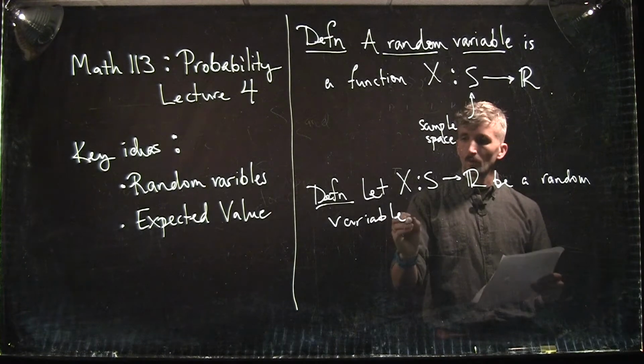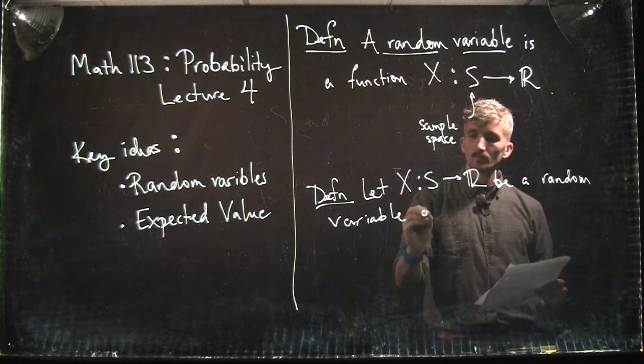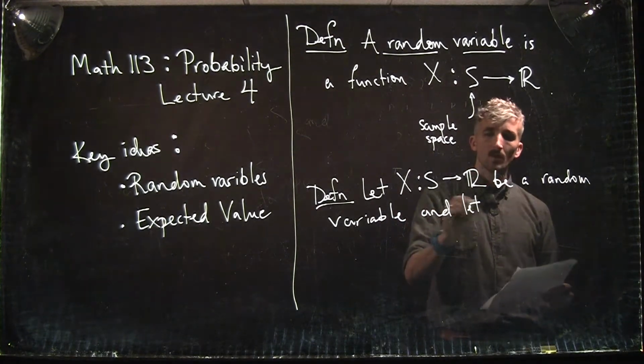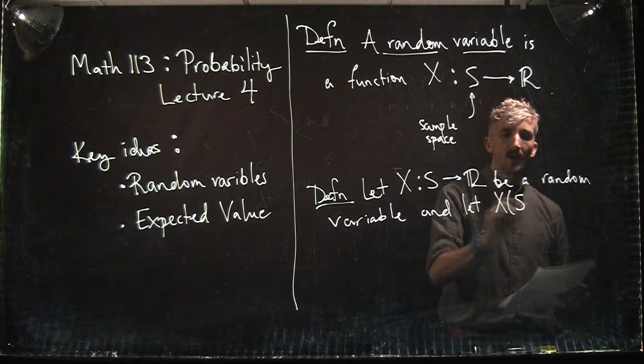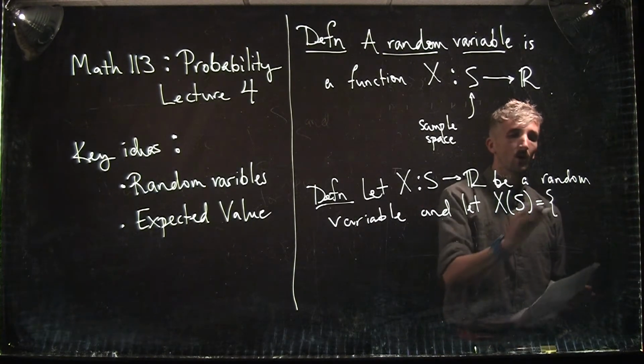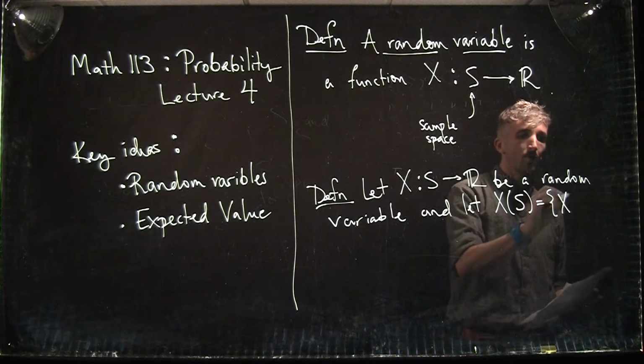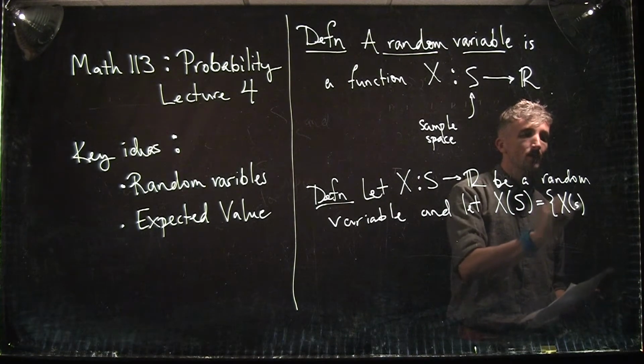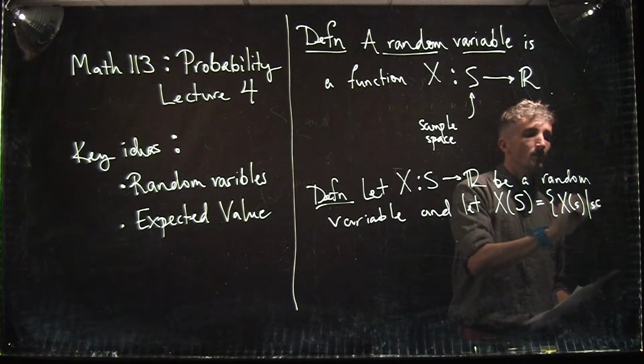Given a random variable, let's let X(S) denote the image of that random variable. So recall, that's all of the values which X takes when we let little s range through the entire sample space.